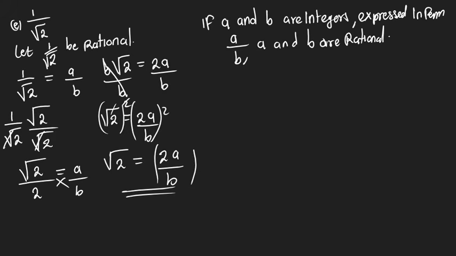This part here is rational because it is expressed in the form A over B. But root of 2 is irrational.